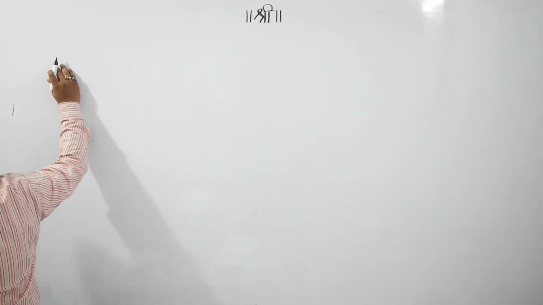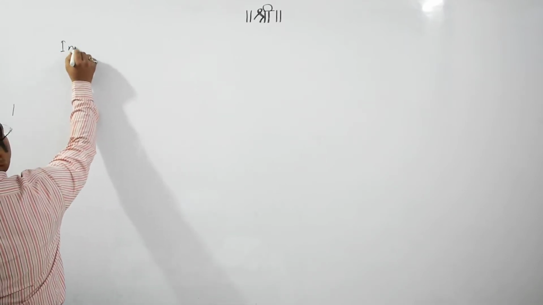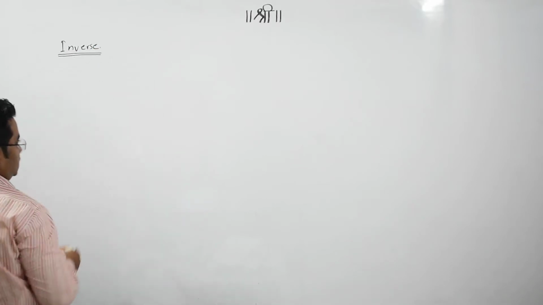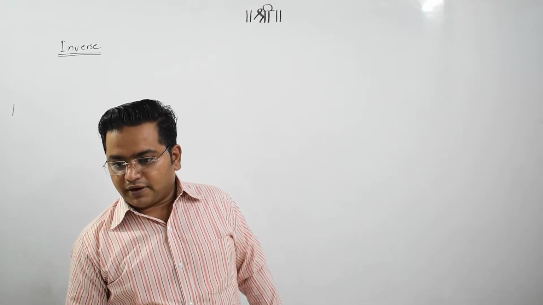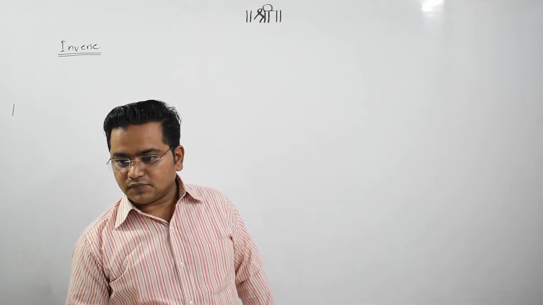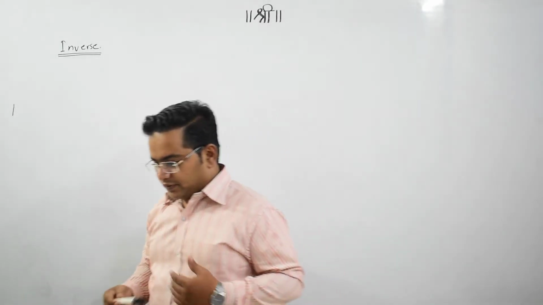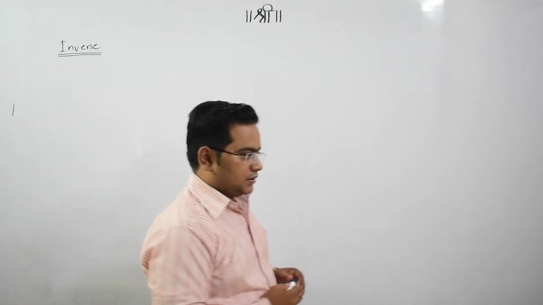So inverse process is fundamentally dealing with what? This inverse word is most important. So what is the important factor of this inverse? Whenever we are finding the inverse of any kind of function, that function deals with one important parameter.